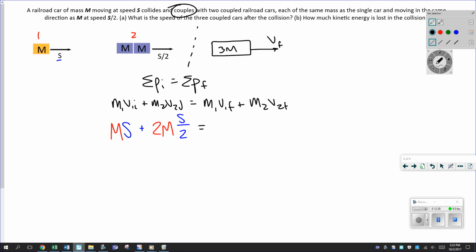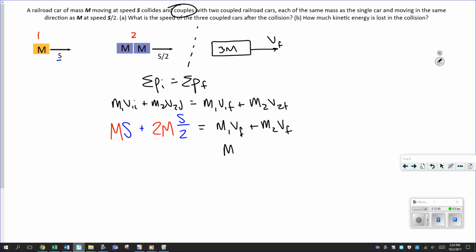Now in the end, there are a couple of ways to do it. One of them is to say that this is m1 at speed vf plus m2 at speed vf, which is the same as saying m1 plus m2 at vf.